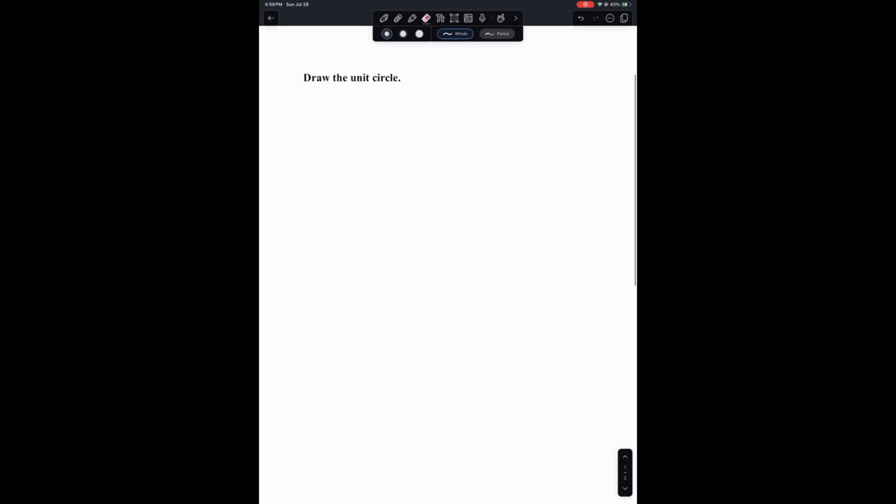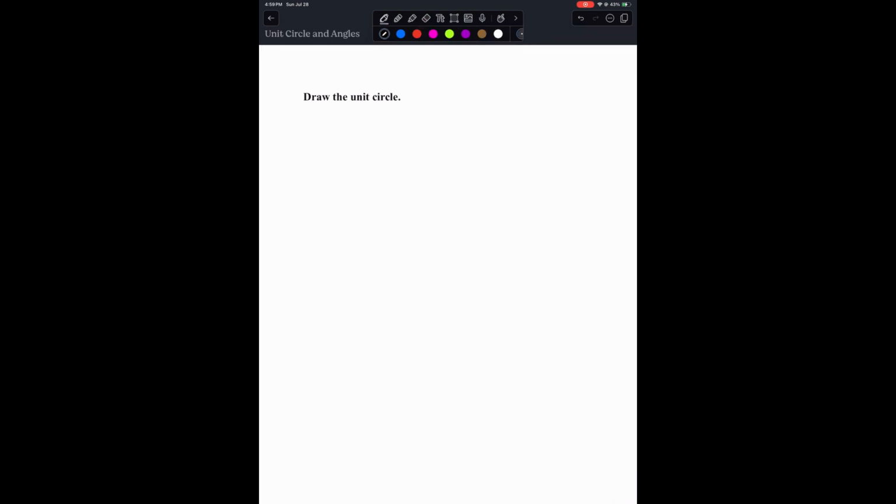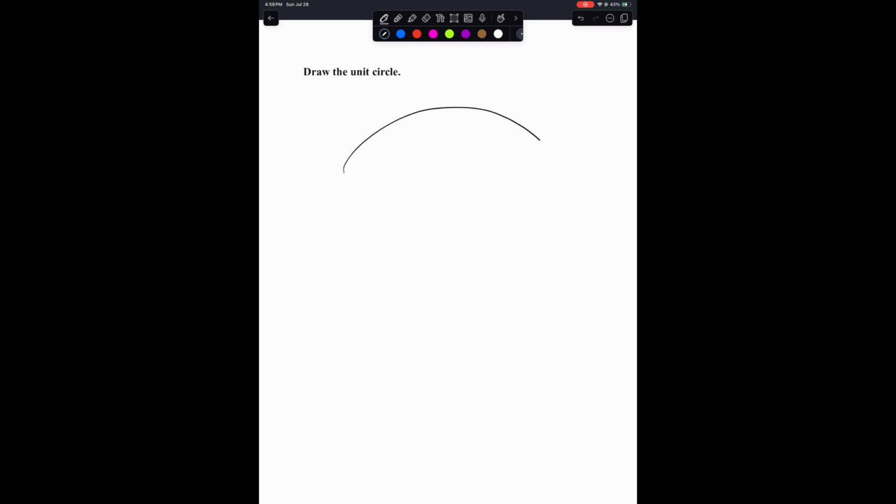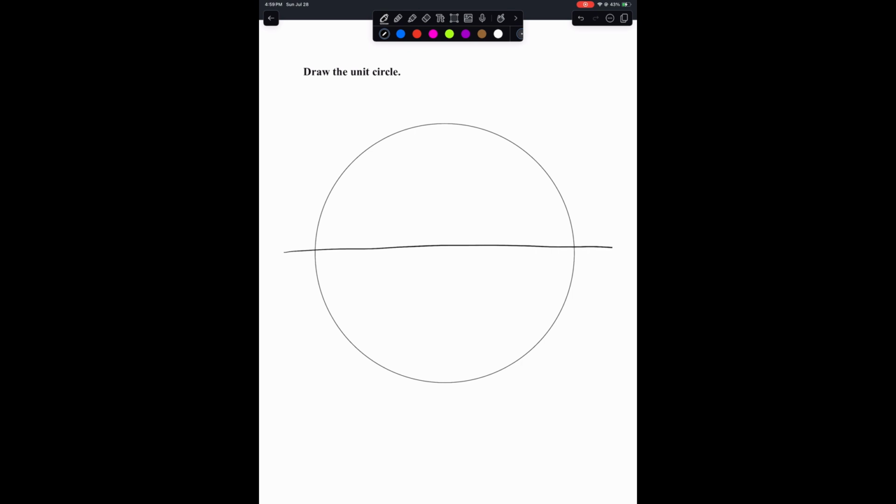This first problem, though, where I will draw the unit circle, is me testing myself. Okay, so I'm going to start off with a circle. And I'm going to roughly divide this into two.